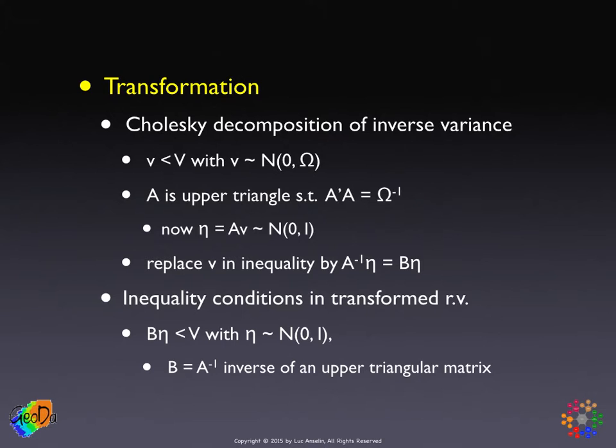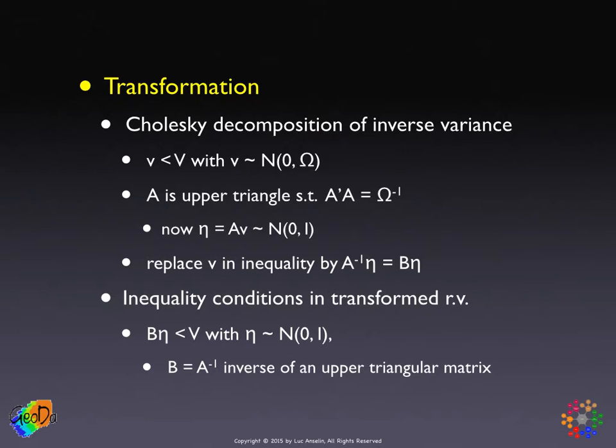But the eta variable as such is not useful to us. We need to have V, so we get V back by pre-multiplying eta by A inverse. Now, you might say, why go through this complicated transformation and then get back to something that we pre-multiply by a triangular matrix?